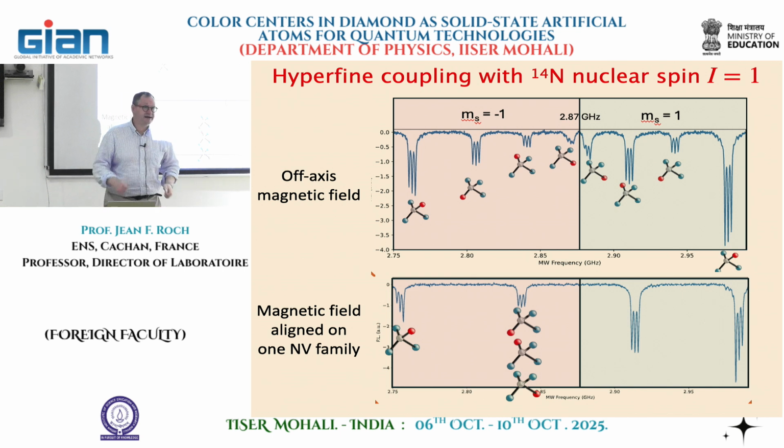This is due to the fact that we start to channel the spin population into one given state of the mI of the nuclear spin manifold. And this occurs only for the family that has its axis aligned with the applied magnetic field. Now we can use that to tune exactly and optimize this effect step by step. For the other family, basically, we don't see this effect at all.